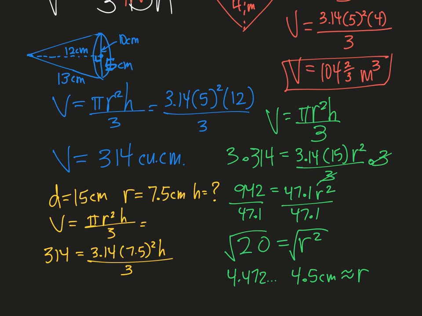So again, I'm going to start by undoing the division by 3, by multiplying both sides by 3, and we already know that that turns out to be 942. And this time I'm going to go ahead and multiply 7.5 by itself, or square it, and then multiply that by 3.14.